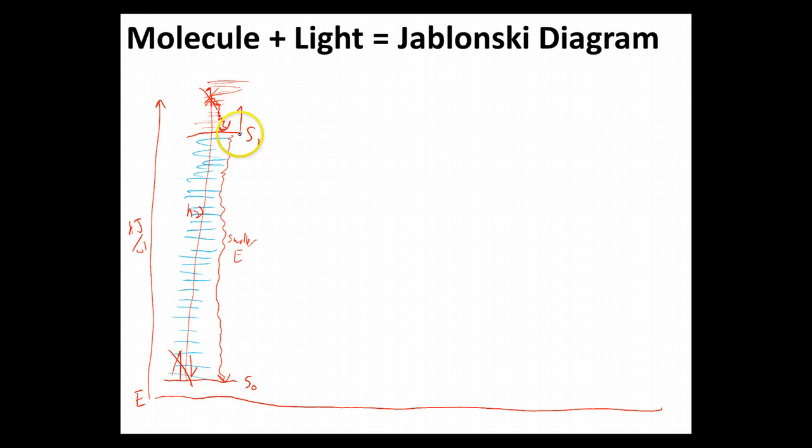Now, if every molecule follows this set of pathways, we put it up and then it just falls right back down these two staircases. It falls down to the singlet 1, then it falls down the singlet 0 vibrational staircase down to singlet 0. Everything ends up being heat. In other words, if we put in a quantum, in other words 1 mole of photons, we're going to have this much energy come out.